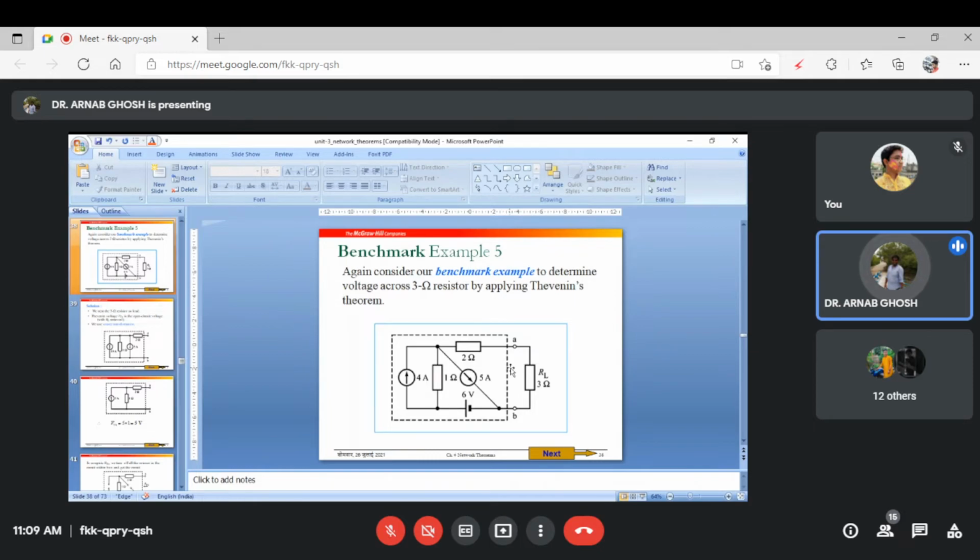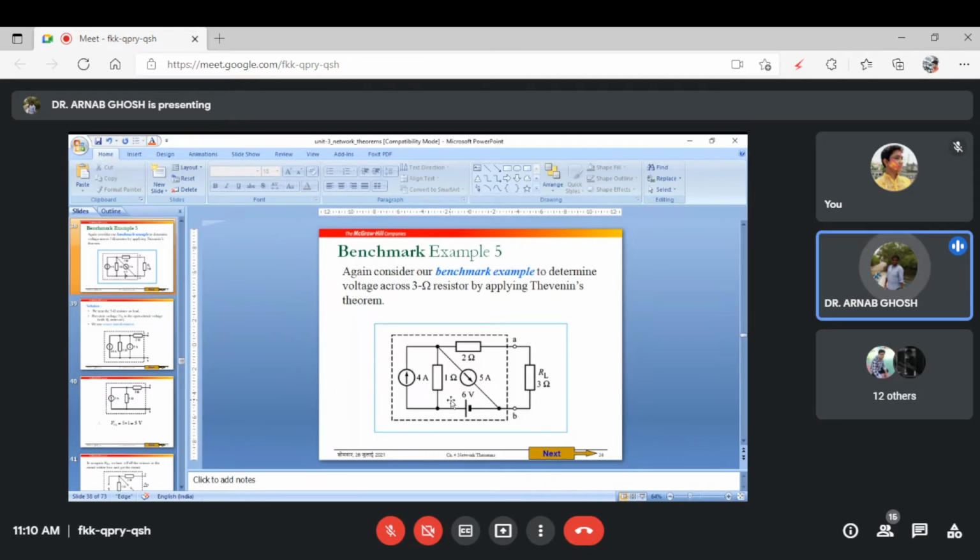I will just explain once again. Here, this is 6 volt, a voltage source. Here, this is a 1 ohm resistance. So what we need to do is convert this into the same type of current source. Already we have two current sources. We will convert this 6 volt voltage source into a 6 ampere current source by source transformation.